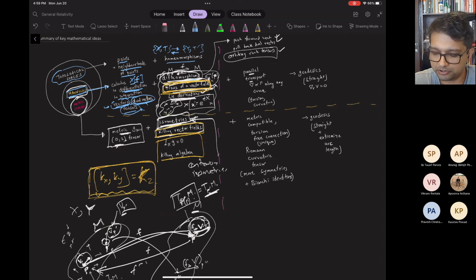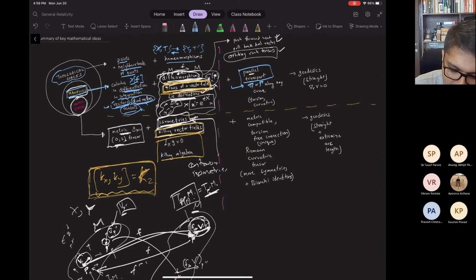What is that additional structure? I can define parallel transport, but I have to tell you something more on the manifold. A manifold by itself doesn't give you a notion of parallel transport. I have to give you something called an affine connection, or in a coordinate dependent way, I can give you these connection coefficients, gamma.